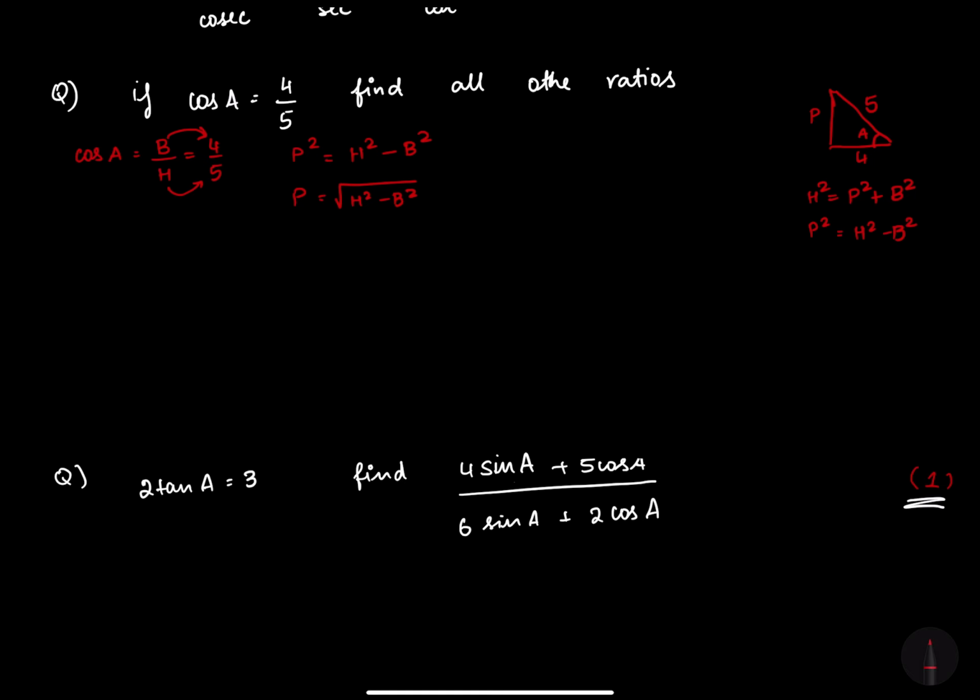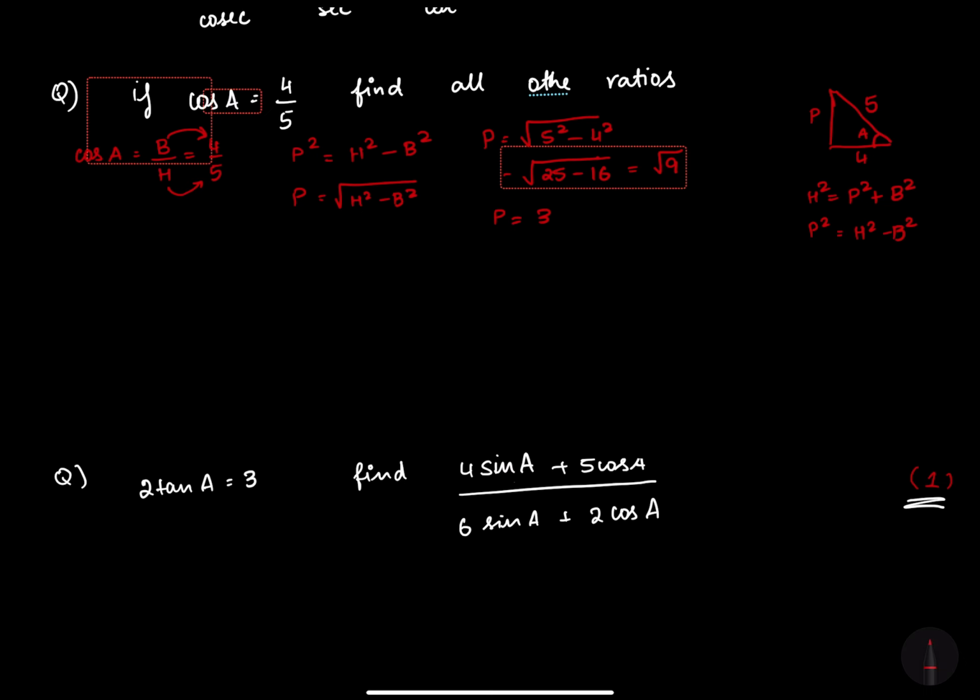H is 5, b is 4. So p equals root of 5 square minus 4 square, which gives root of 25 minus 16, which is root of 9. Root of 9 is basically 3. If you have a doubt about plus or minus 3, taking length in negatives doesn't make sense. So we'll ignore the minus 3 and take plus 3 into consideration.